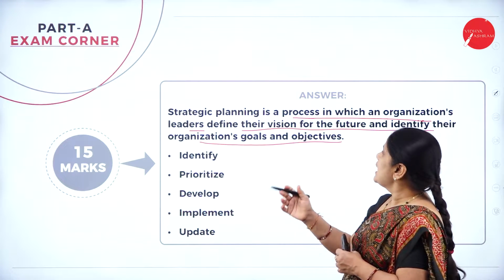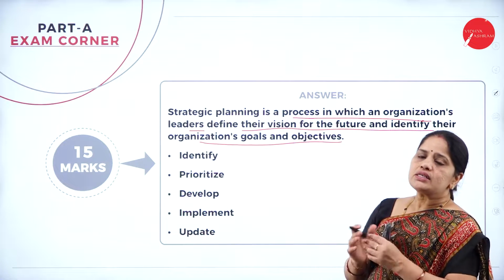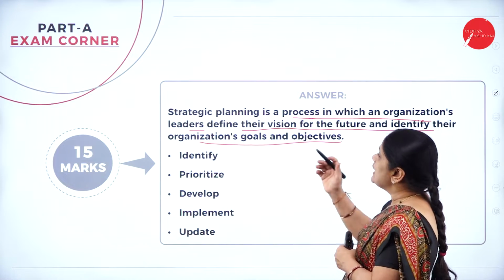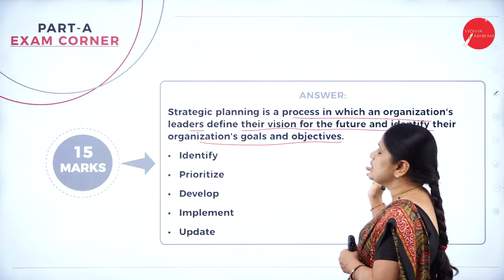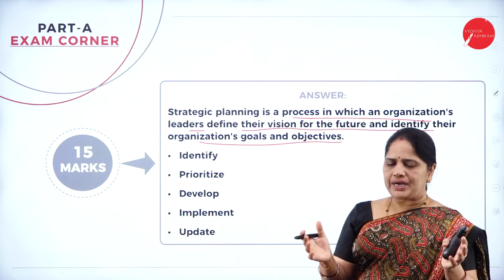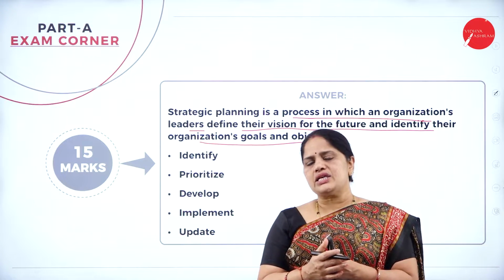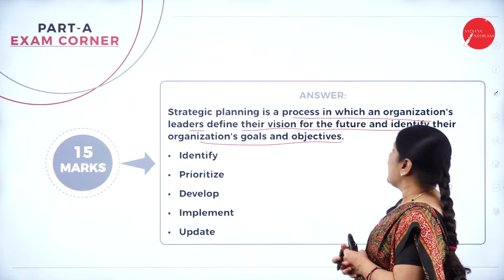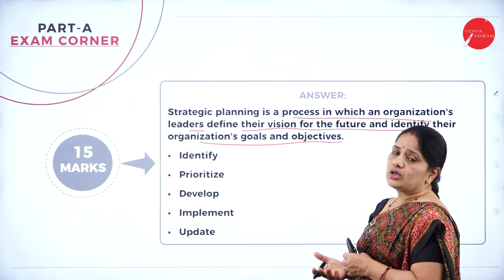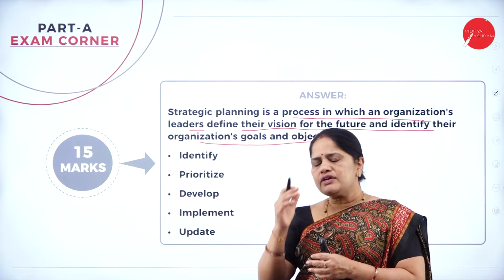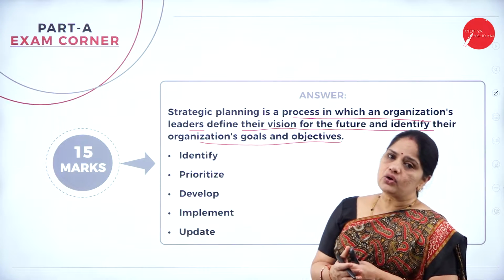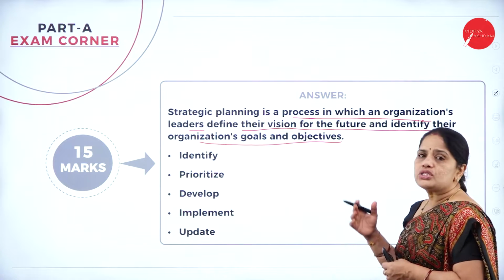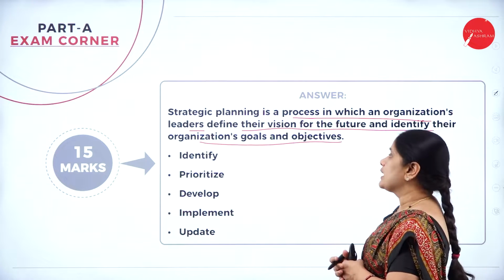As such, strategic planning is a process in which the leaders define their vision for the future. The top brass in the organization will define the vision for the future and identify the organizational goals. Based on the vision, we will identify the goals of the organization and also the objectives of the organization.